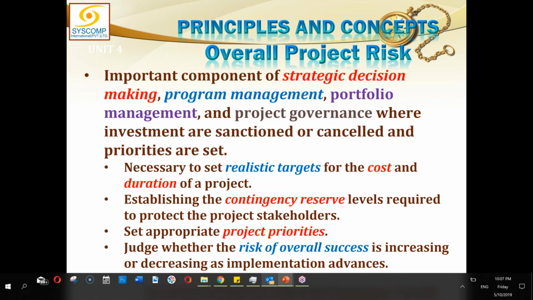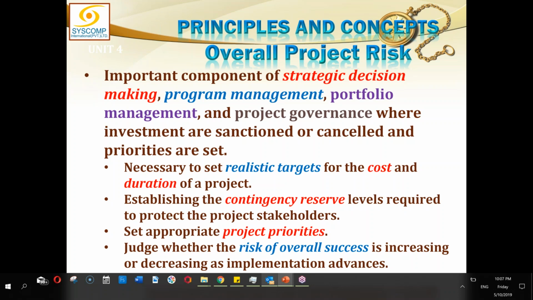Judge whether the risk of overall success is increasing or decreasing as implementation advances. So as I move on into the life of the project, the circumstances are continuously changing. Is my project becoming more risky or less risky? So whether I should move on, continue, or the prioritization will accordingly change.